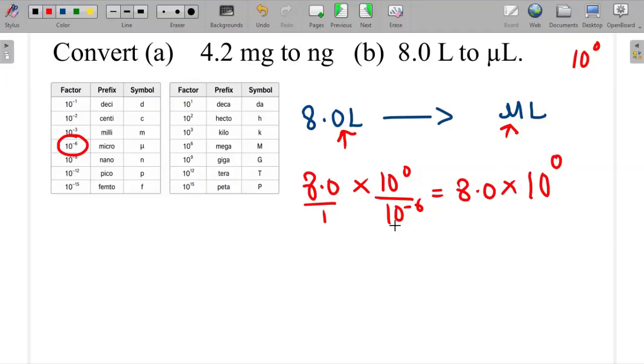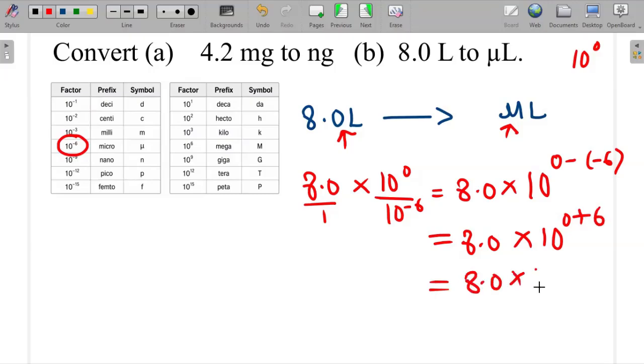And then because they are dividing, this will be minus, and then now I have the minus from the minus 6 like that. So this will be 8.0 times 10, 0 plus 6. And this will just be 8.0 times 10 to the power what? 6. Okay, and this will be microliters. So 8.0 liters, when you convert it to the micro, it is the same as 8.0 times 10 to the power 6 microliters.